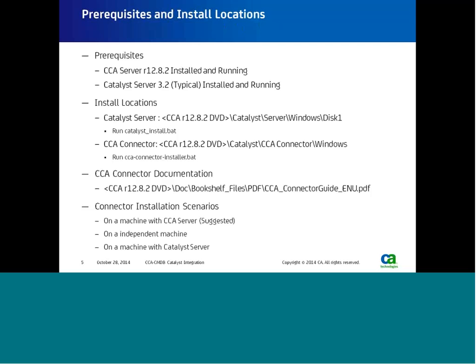The installation scenarios are: we suggest you install the CCA connector on the machine where the CCA server is running, or you can install it on any independent machine, or you can install the CCA connector on the Catalyst server machine as well. Any of these three can work for us.